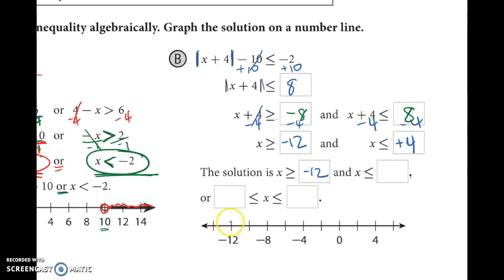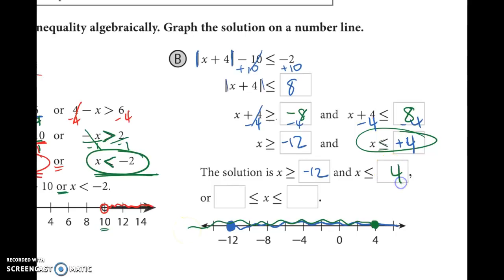And if I graph that, you'll see it's here with a closed circle, and where are the X values greater than -12? Well, that's this way. And for this one here, X has to be less than or equal to 4, so that's a closed circle here, and X values that are less are this way.